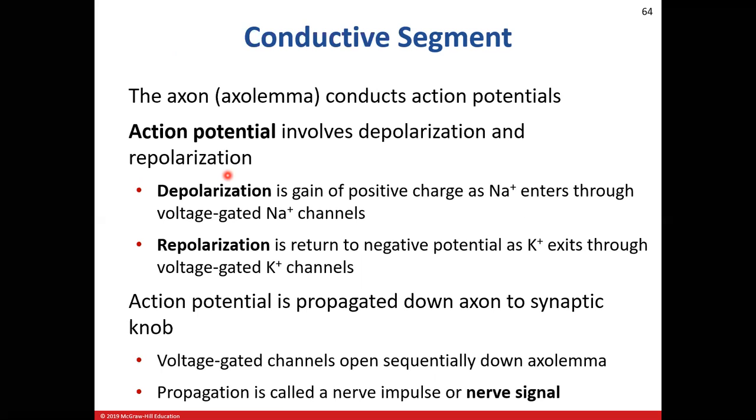So now we move into the conductive segment, and the conductive segment is the axon. This really includes the axolemma, because it's what conducts the action potential. The action potential involves a depolarization and a repolarization. Depolarization is a gain of positive charge as sodium enters through the voltage-gated sodium channels.